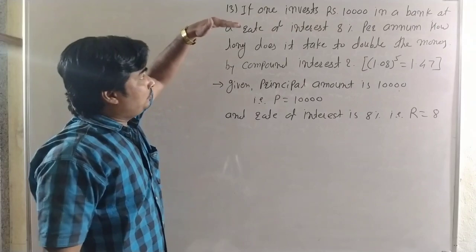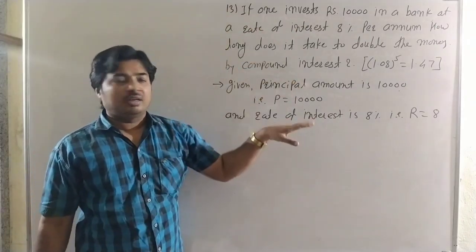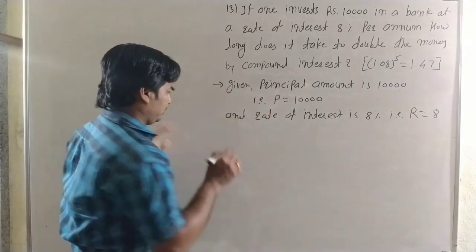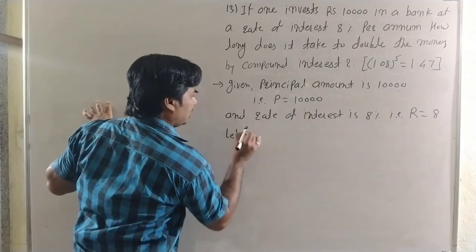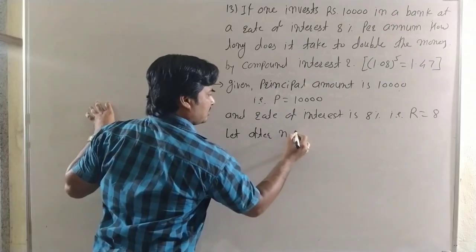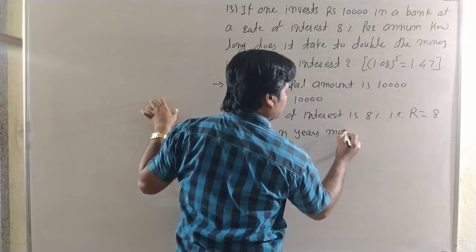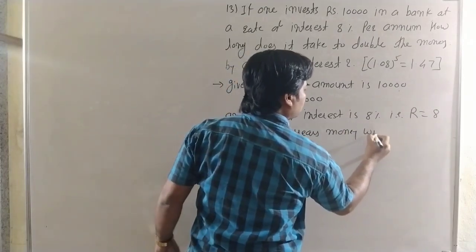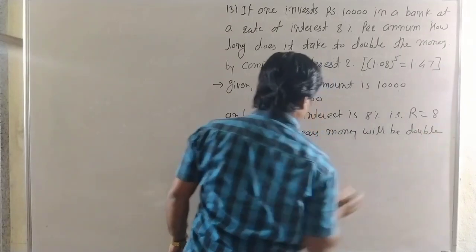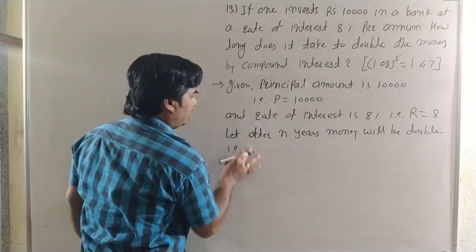Now let us consider that n years will be taken for the money to double, so the time will be n years. Let after n years the money will be double, that is rupees 20,000.